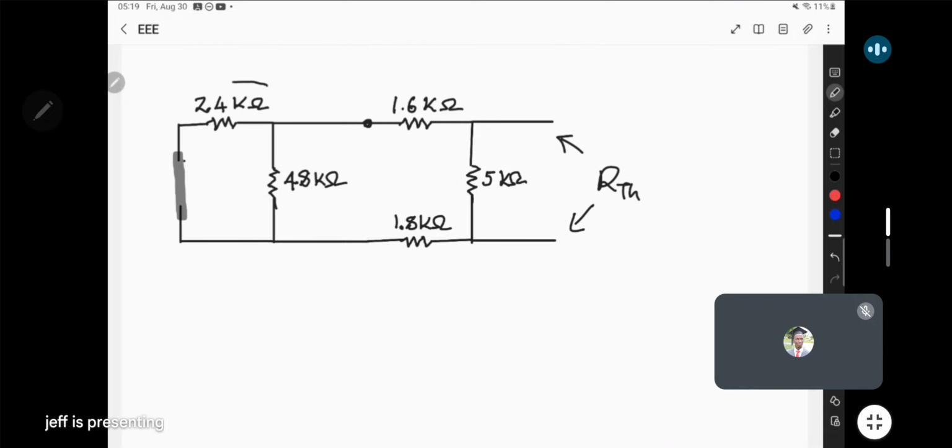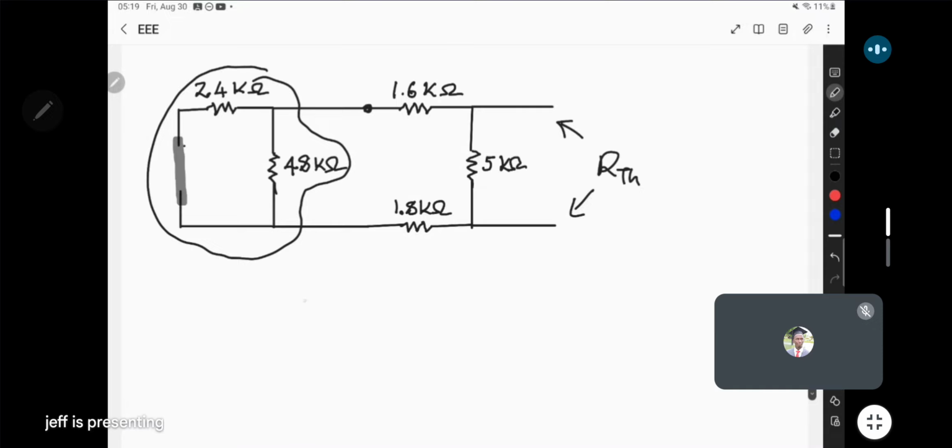Well, in this case, these two are parallel to each other. So we have the 24 parallel to the 48. Next, once those are combined into one, notice that they will be in series with these two.